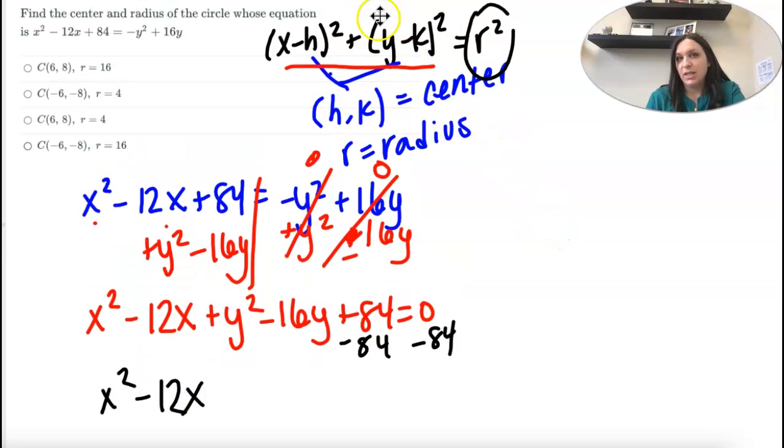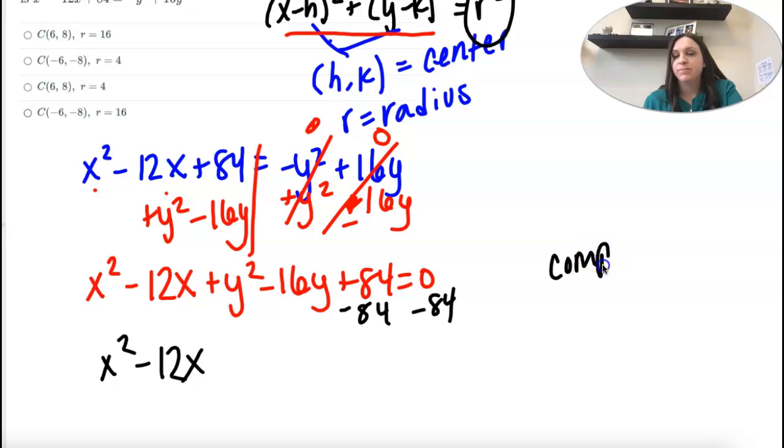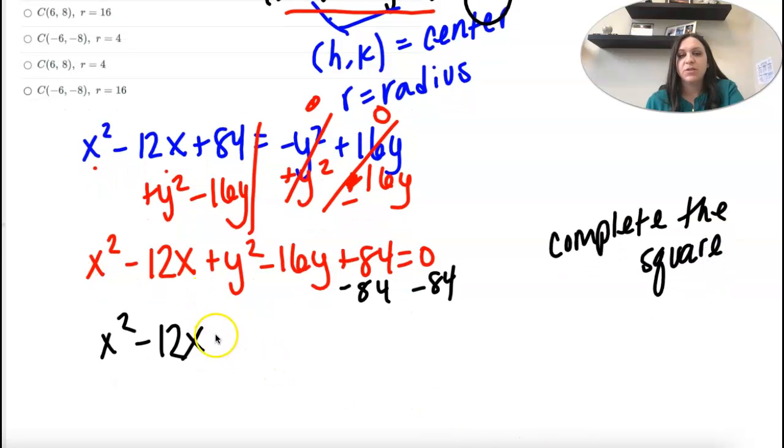And then to get it in this form with two squared binomials, we have to do something called completing the square. When we complete the square, which I'll go into, we have to add on some number. So I'm going to leave some space. And then I'm going to do the same thing with the y's: plus y squared minus 16y.